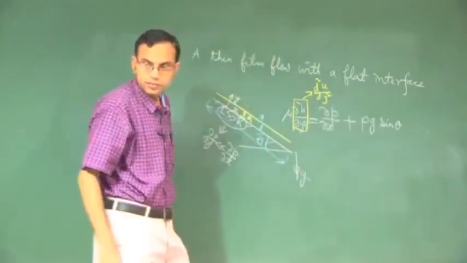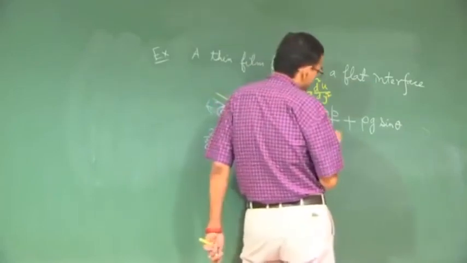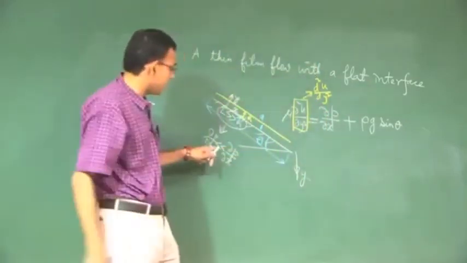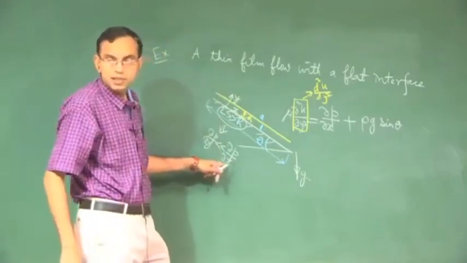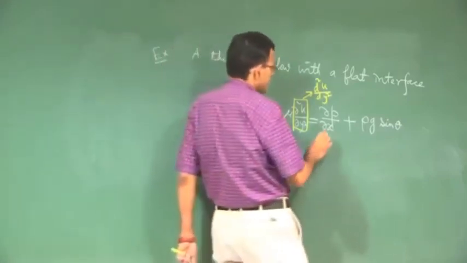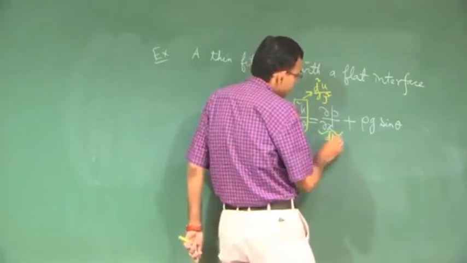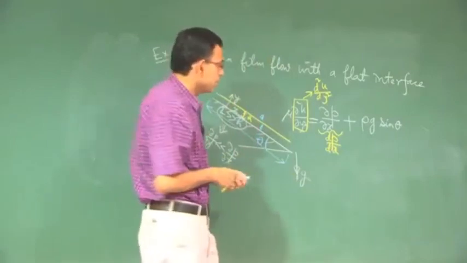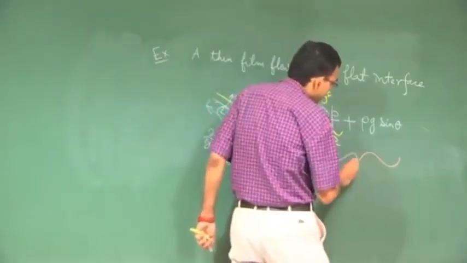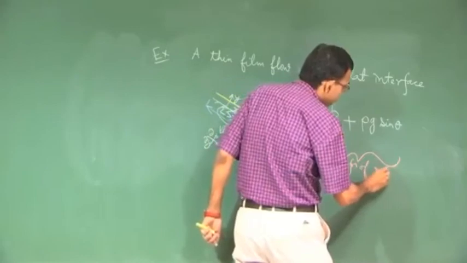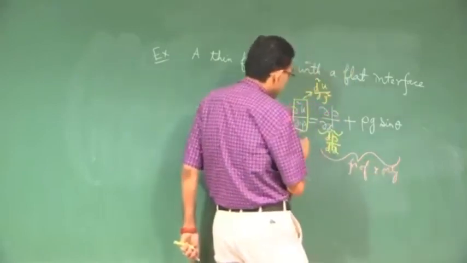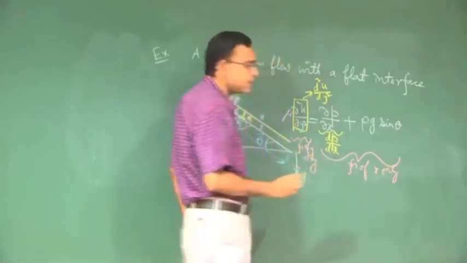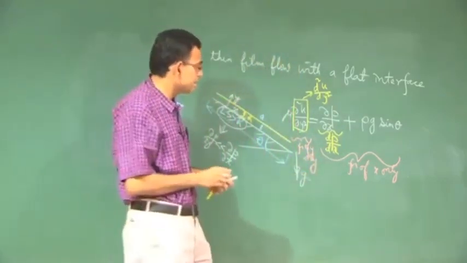Second, because of thin film flow, the pressure gradient along y is much less than the pressure gradient along x. So, this is as good as dp dx. This means that this is a function of x only, this is a function of y only. So, each is a constant.